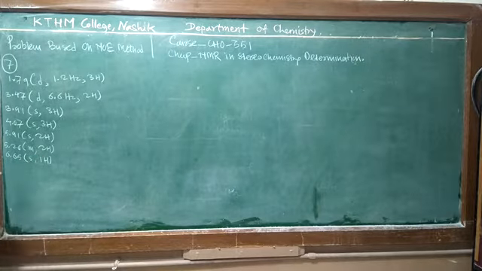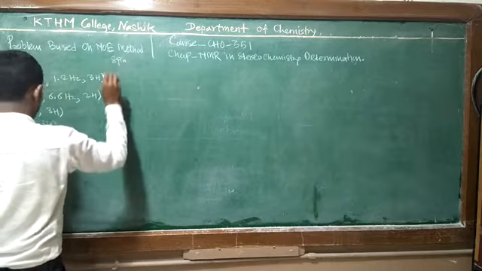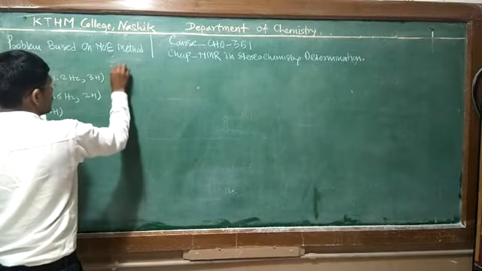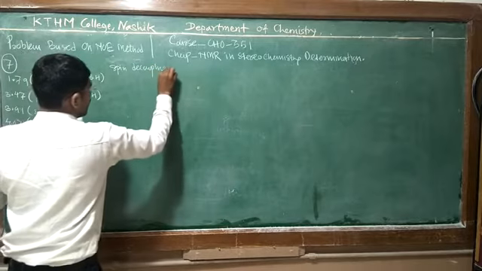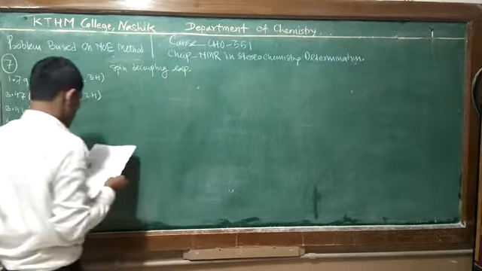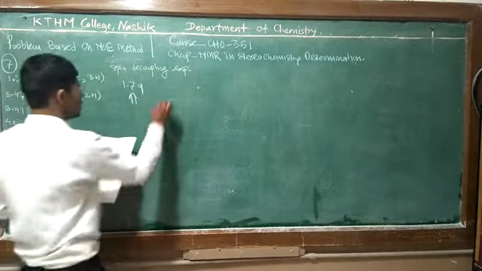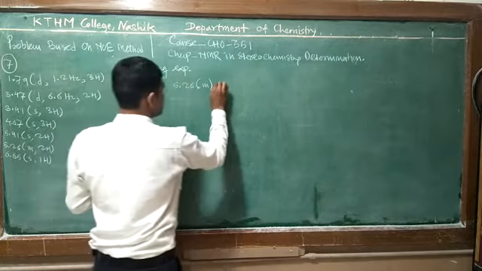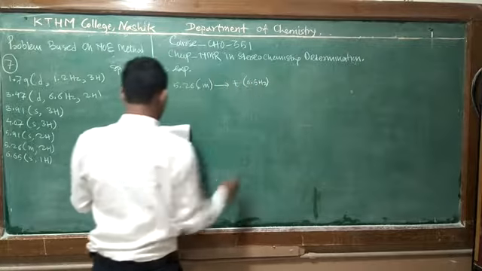After this, the spin decoupling experiment is given. On irradiation of the 1.79 signal, the multiplet at 5.26 changes into a triplet with 6.5 hertz.